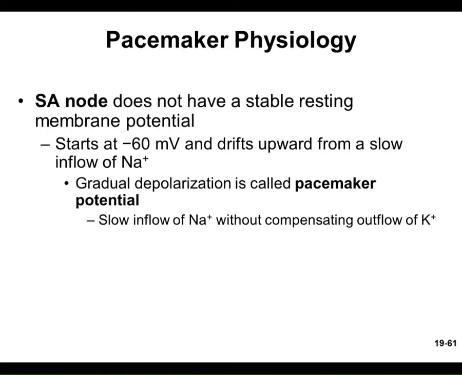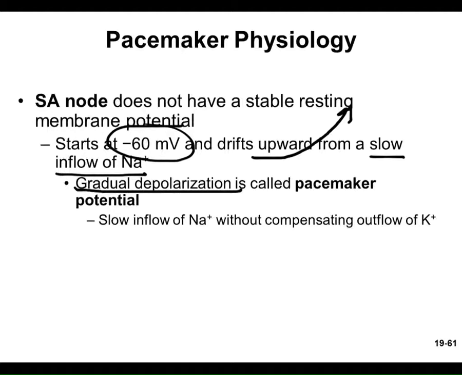Their resting membrane potential, if you will, is at -60. So there's another number to keep track of, -60, but it is constantly drifting upward because there are slow, leaky sodium gates.